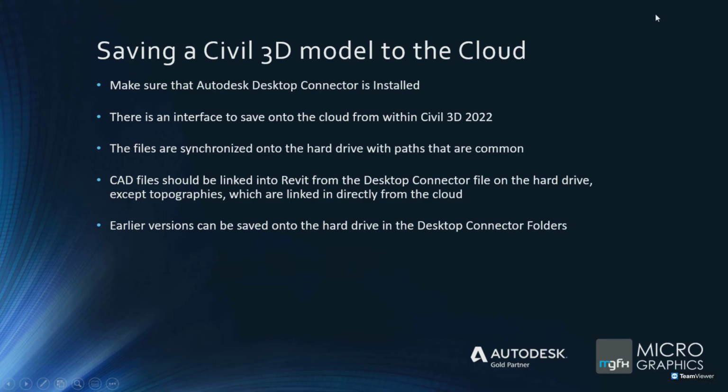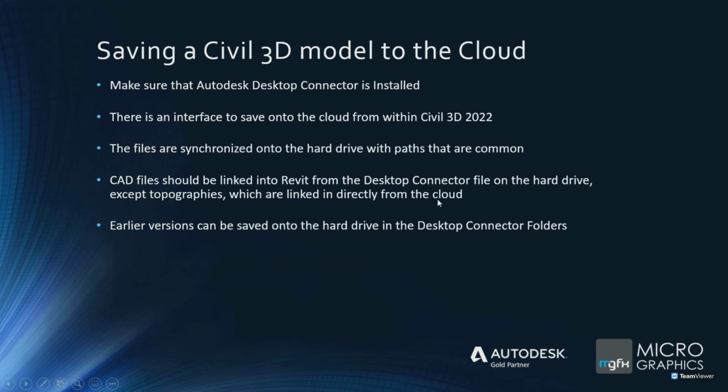So the file paths within your XREFs, your links, your data shortcuts, whatever you are linking in, will be consistent. And that is in fact something that we do from within Revit, is that whatever CAD files we link in, we link from the hard drive. And we would typically browse to the C drive users and then into the BIM folder and then link it in from there.